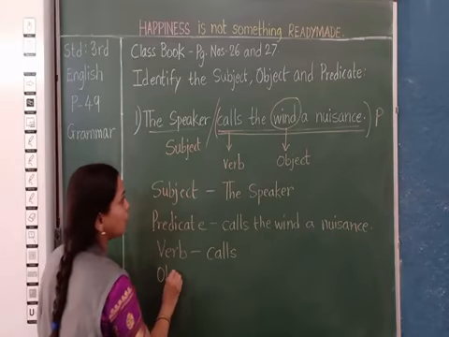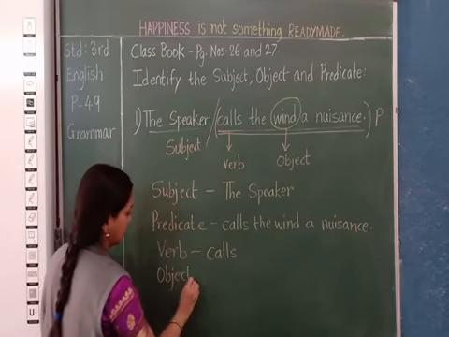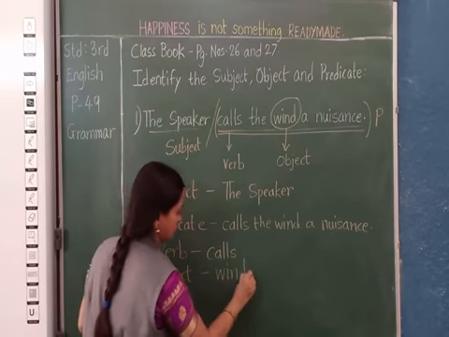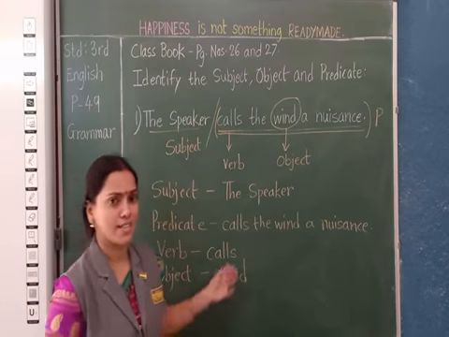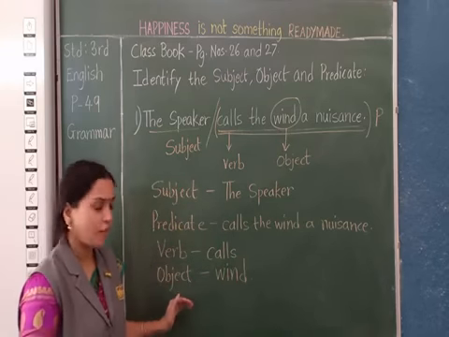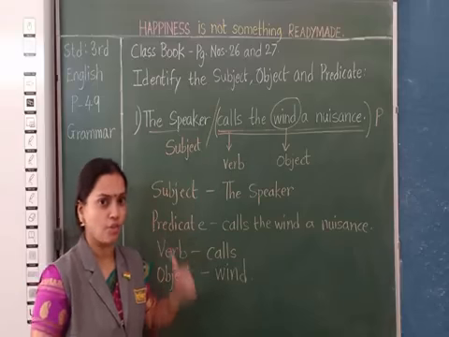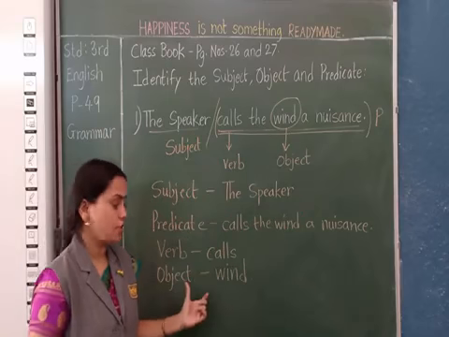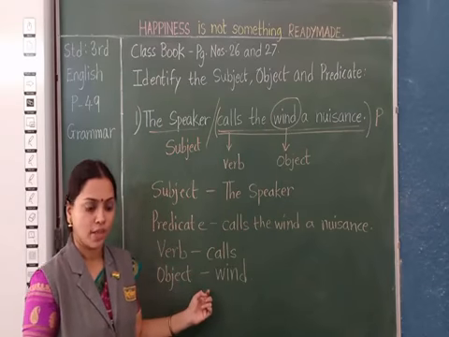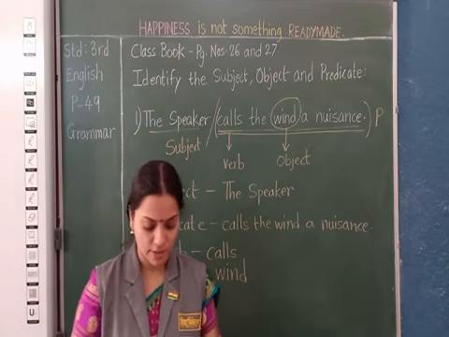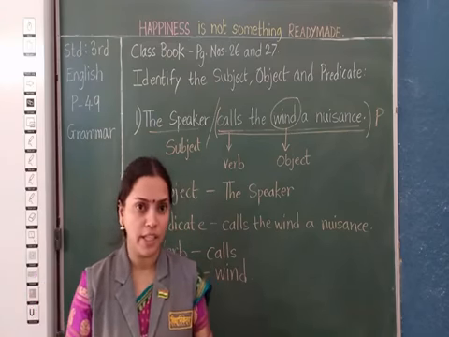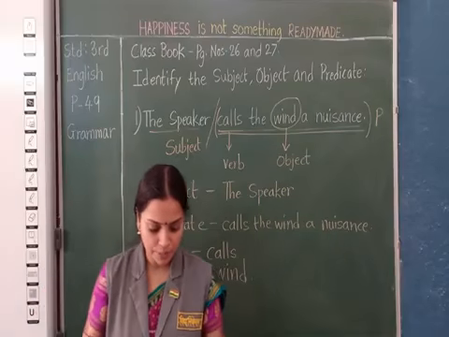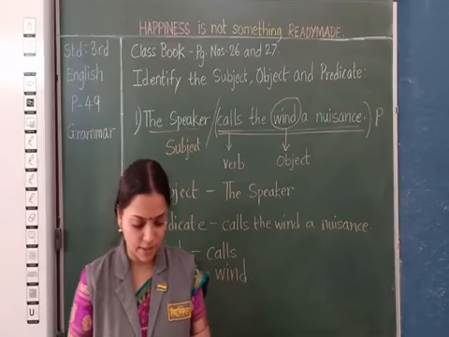Object is wind. So whenever you are asked this type of question, this is the way you are going to write the answer. You may mark SVOP, but your answer should be in this form. Now I am just going to discuss the sentences orally, and remember you are going to write it in this form only.